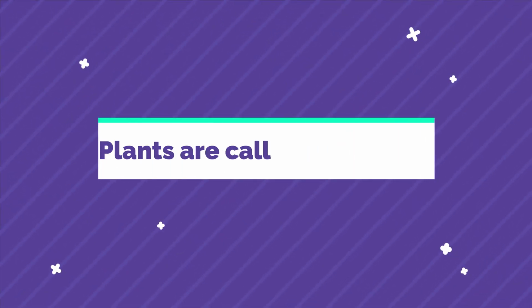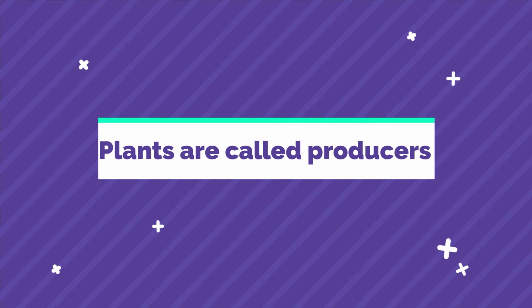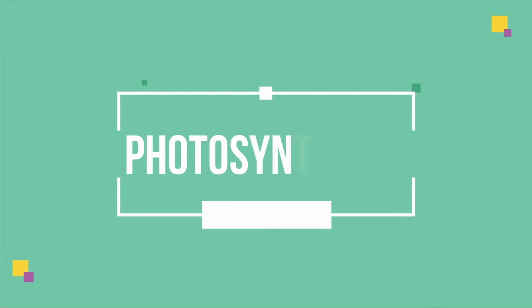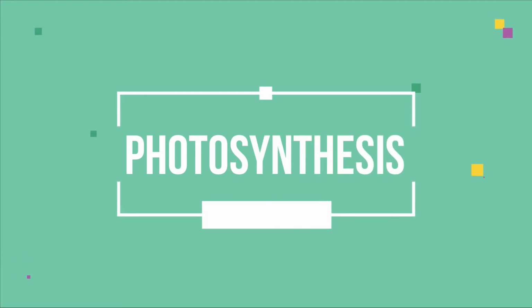Plants are called producers because they make their own food. Plants make their own food by the process called photosynthesis. Photosynthesis is a Greek word.